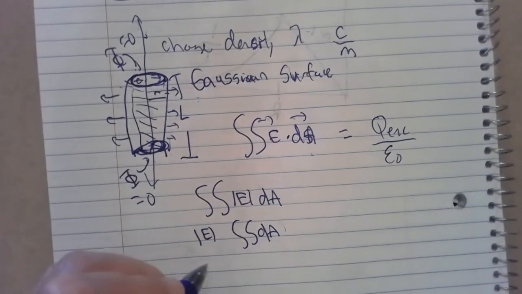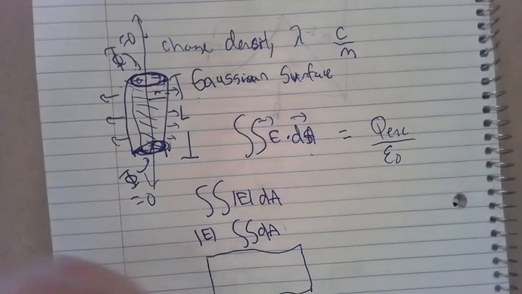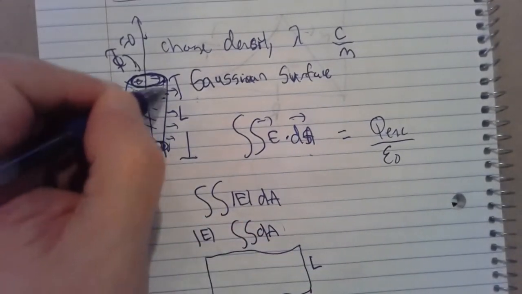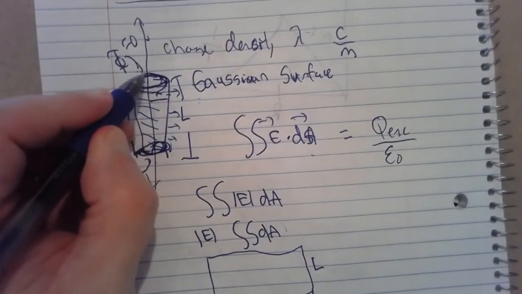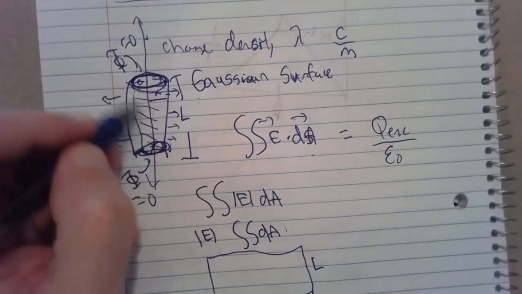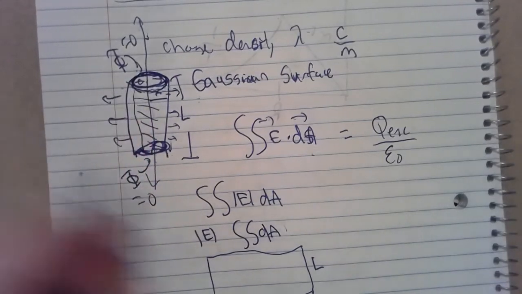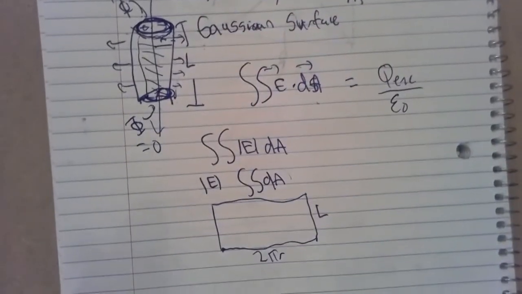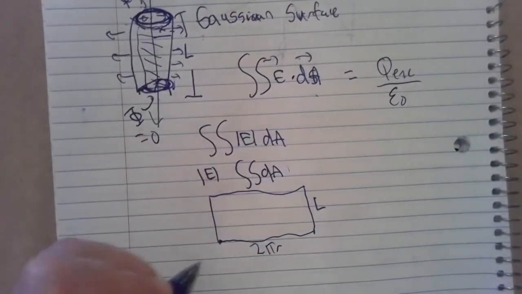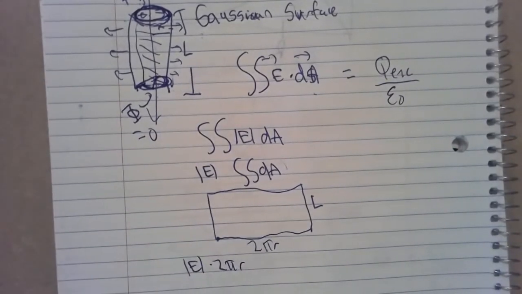A cylinder can always be unwound, where this is L, and the length of that rectangle, if we were to cut this cylinder and unwind it, would be the circumference, 2 pi r. So the flux through that surface will be the magnitude of E times 2 pi r.